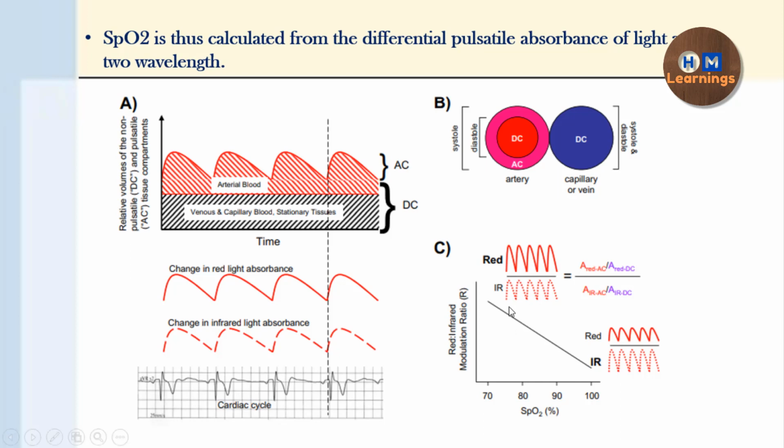So SpO2 increases when the infrared light absorption increases. If there is more oxyhemoglobin, there will be more absorption of the infrared light, so this ratio gets decreased. As the ratio decreases, the SpO2 increases because the level of oxyhemoglobin is increased.